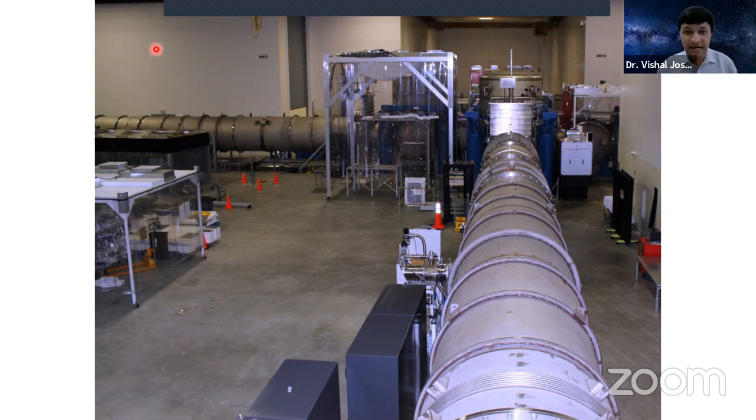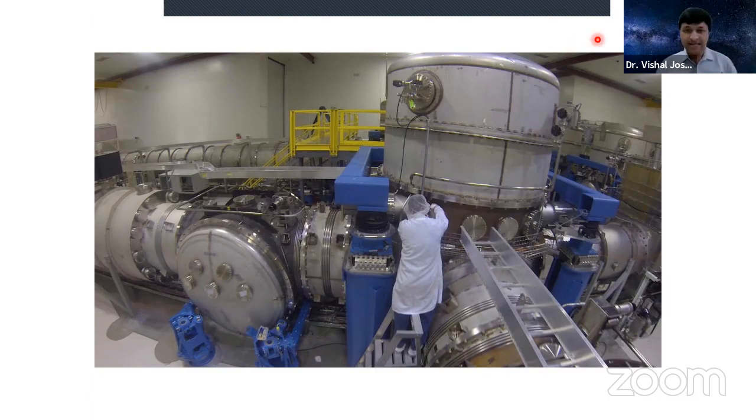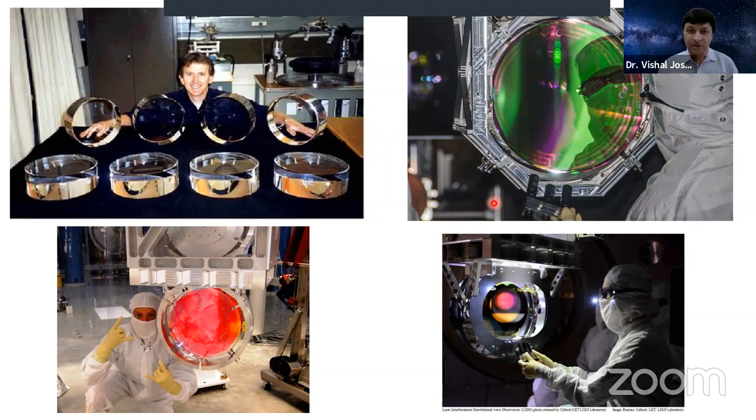This is the inner picture of the central part where the actual interference occurs. And this is the region where the vacuum is, and within that the optics are there. You can see the optical components. These are the best optics available to date on Earth. These technologies have been developed for this experiment.